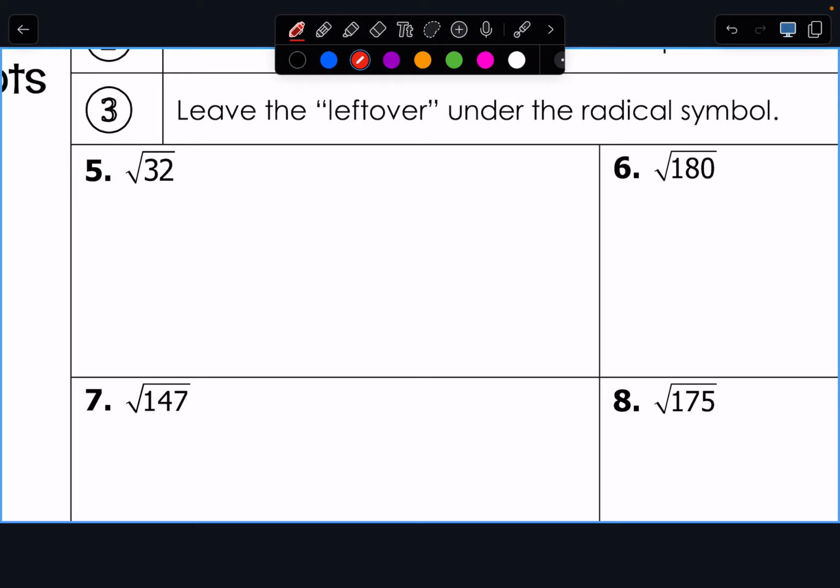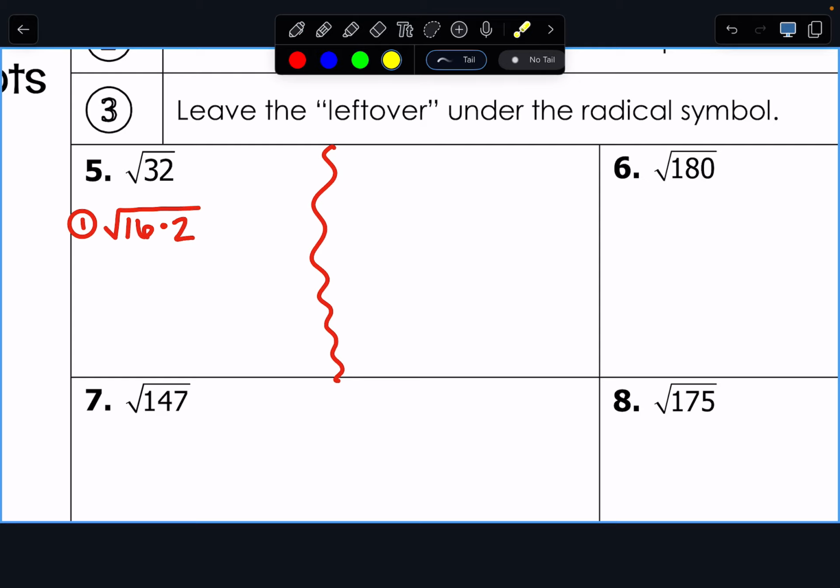So here's way number 1. We could say 32 is the same thing as 16 times 2. Do you agree? Yes. What is the square root of 16? 4. So then we could write this as 4 square root 2. That's way number 1.